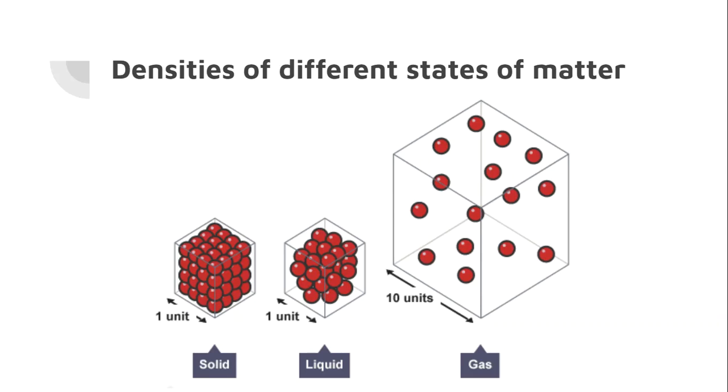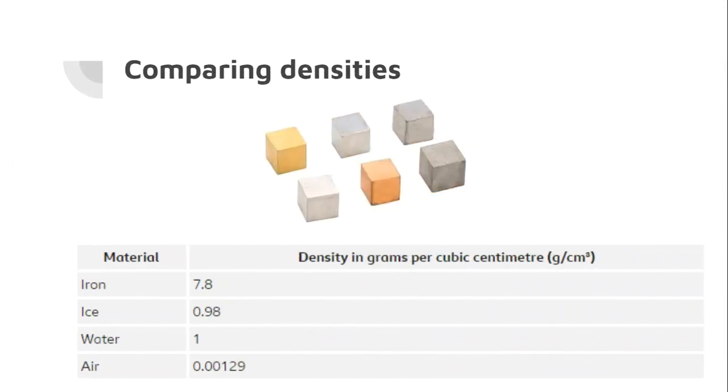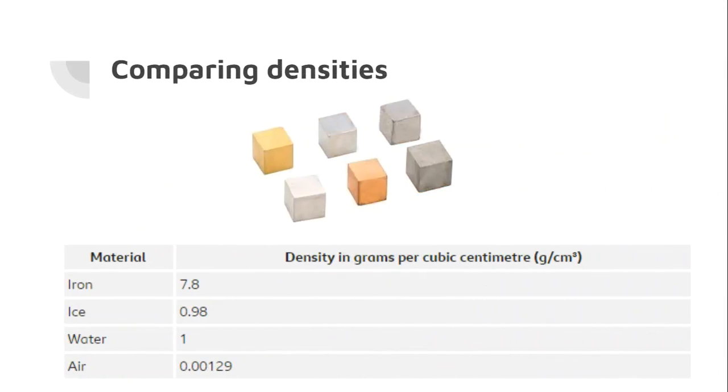Density also depends on the material. A piece of iron with the same dimensions as a piece of aluminum will be heavier because the atoms are more closely packed. Scientists can measure how tightly packed the particles are by measuring the mass of a certain volume of a material, for example, 1 cubic centimeter.